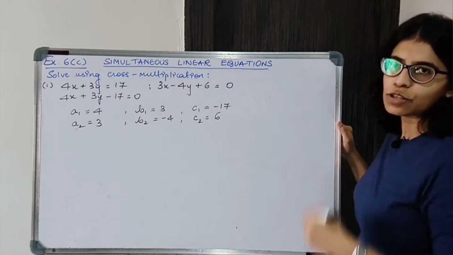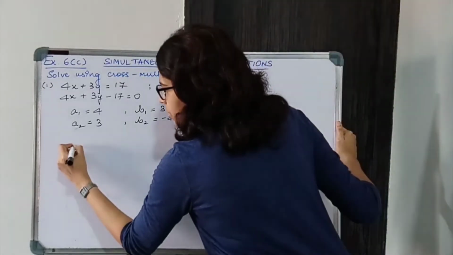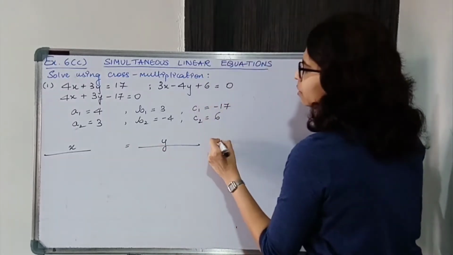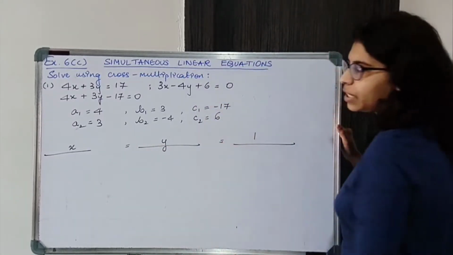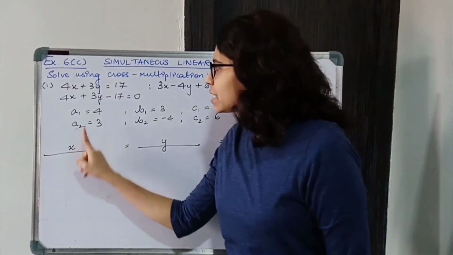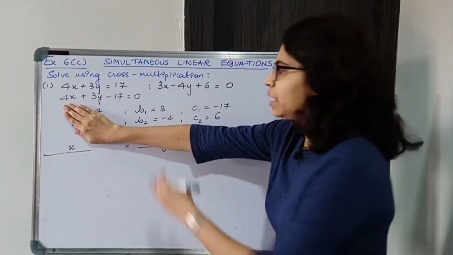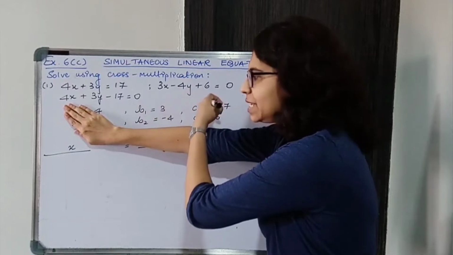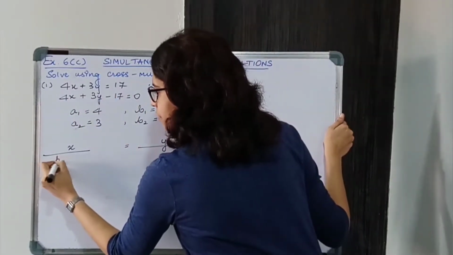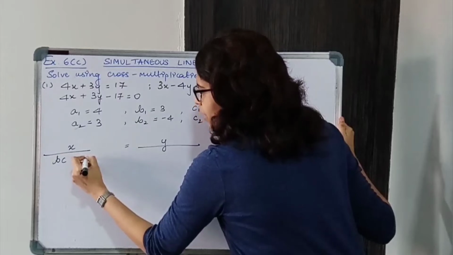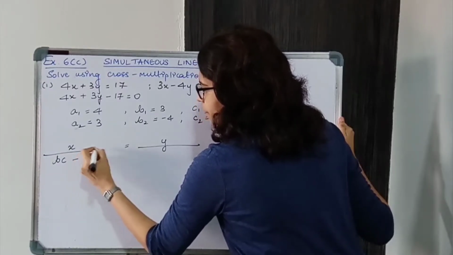Third step, we will use the formula. So x upon something is equal to y upon something is equal to 1 upon something. Now x के साथ a वाला कोएफिशिएंट होता है, so you will not consider a, b and c, bc, and reverse it, so it will become cb.